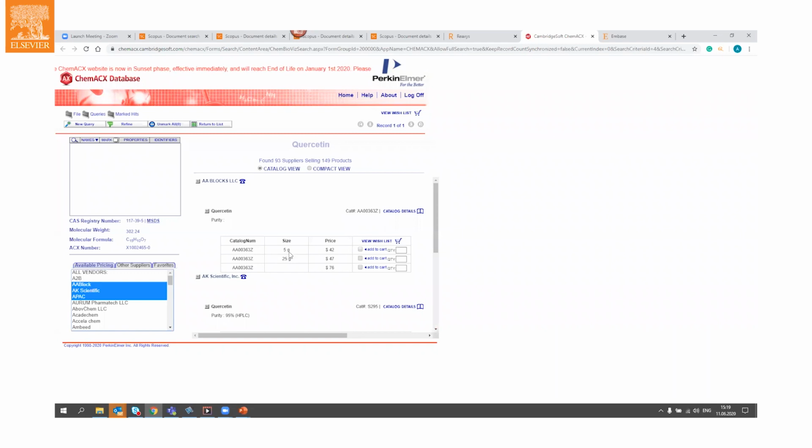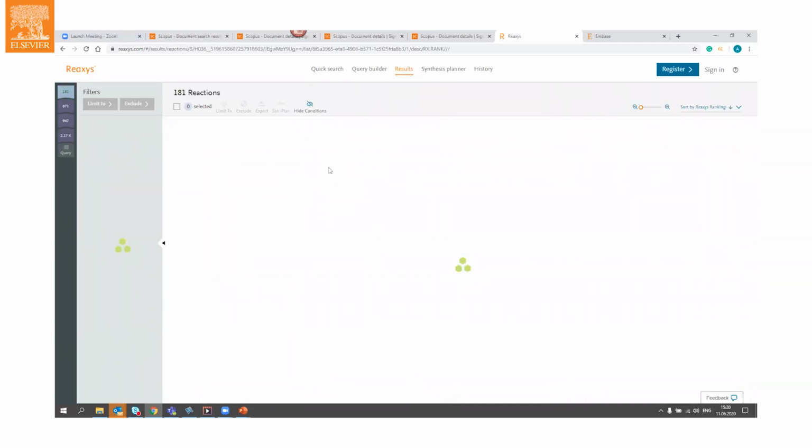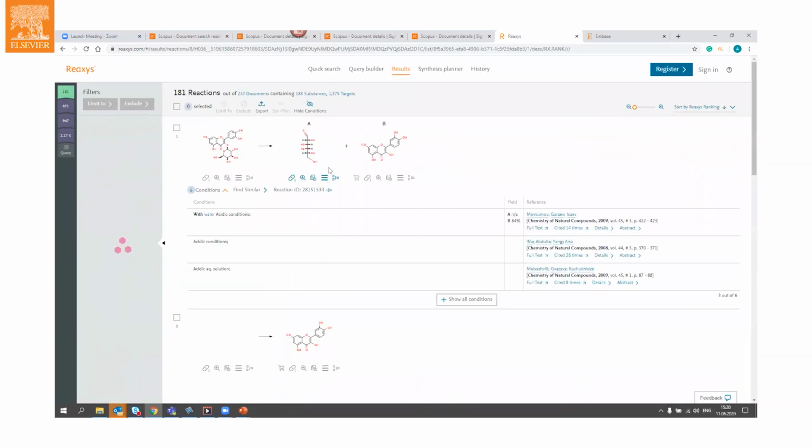Here we go. 5 gram costs $40, 25 gram, $47. It's commercial availability. From here, preparation. You can get the different preparation for the compound.